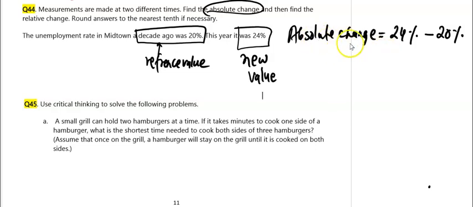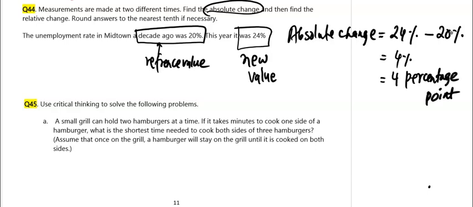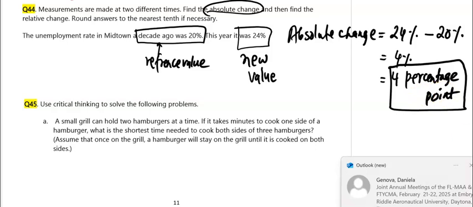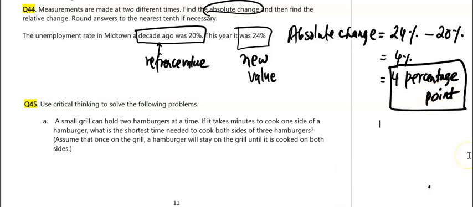So absolute change is new value minus reference value, which is going to be 4%. We call this absolute change of 4% a 4 percentage point change. Percentage point, that's what we call it. If you see an absolute change as a percent, you can call it that many percentage points.